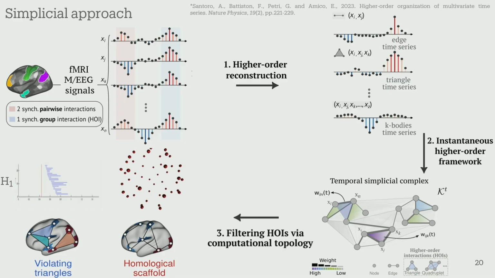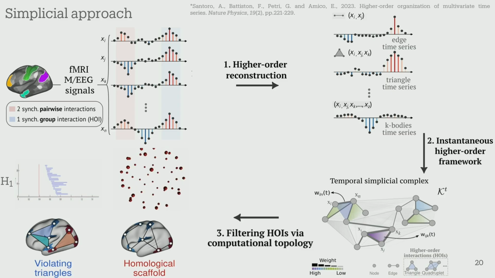In particular, you can extract, using persistent homology, the homological scaffold, or the violating triangles, which, if you think about it, are more like those higher-order interactions. So imagine triangles as being triplets that are co-fluctuating or synchronous, much more than the combination of the different pairs making part of that triangle.